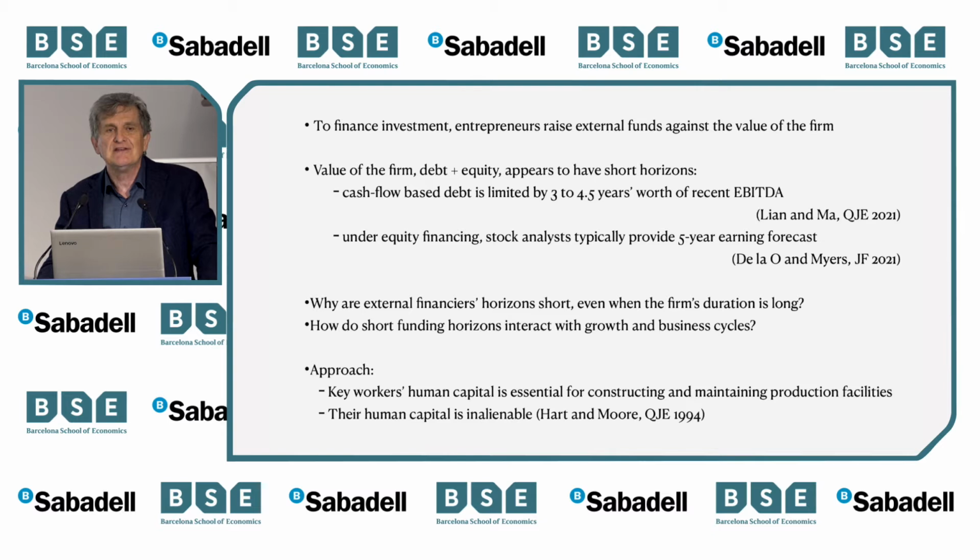Now, I'm taking 3 to 4.5 as a relatively small number. So in that sense, I can leap from that fact to the idea that creditors really don't look that much beyond the first few years.